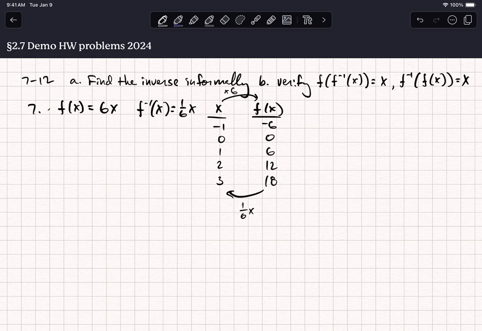And to verify that, I'm going to write f of f inverse of x, replace f inverse, rewrite f in box notation, and what goes in the box?